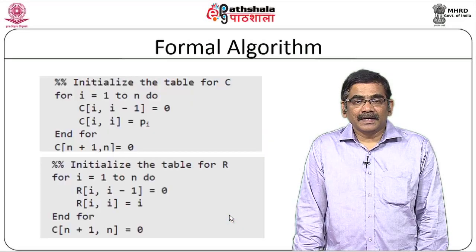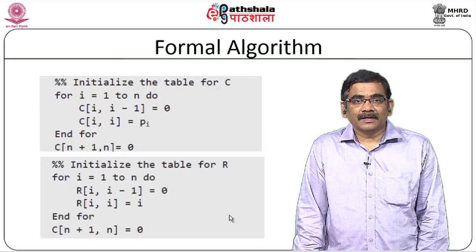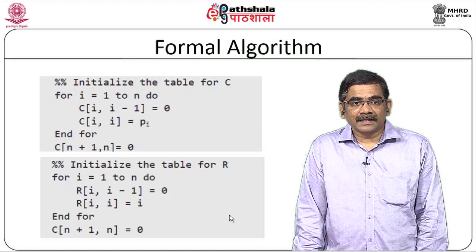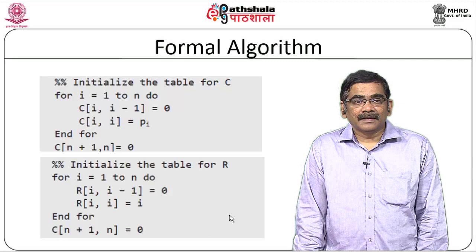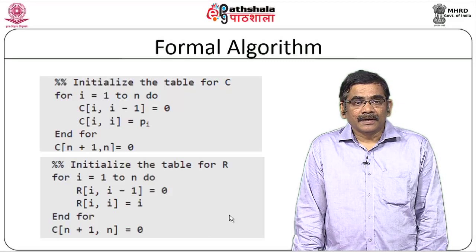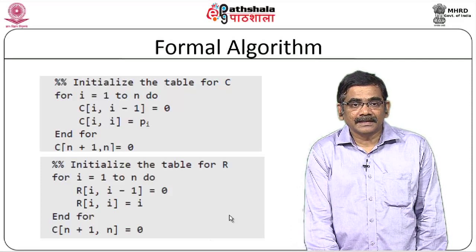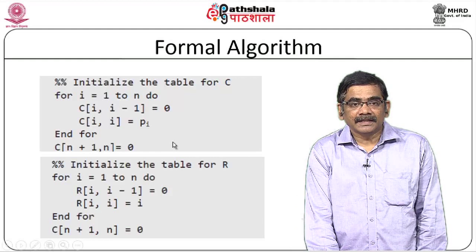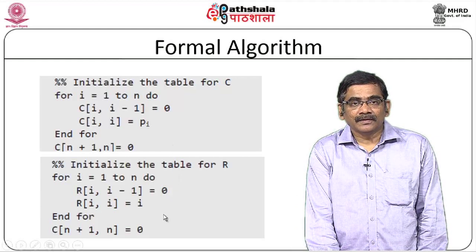So, this is a formal algorithm, and you can see exactly what is happening. N keys are given, and we are starting a loop. We are initializing the table, then initializing the table for R, which is going to contain the minimum value of k.